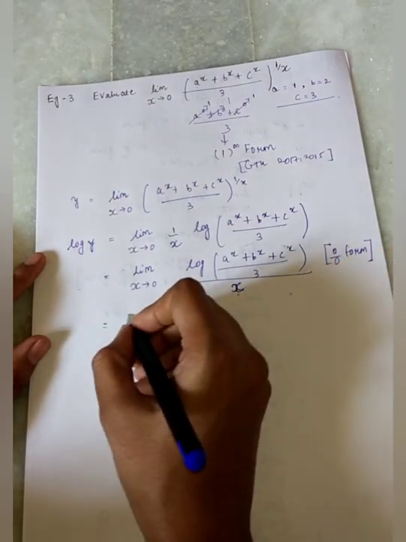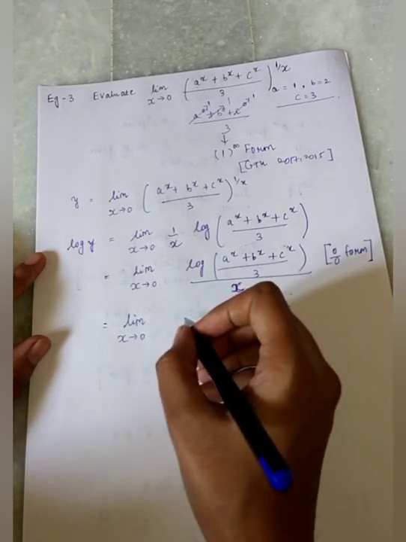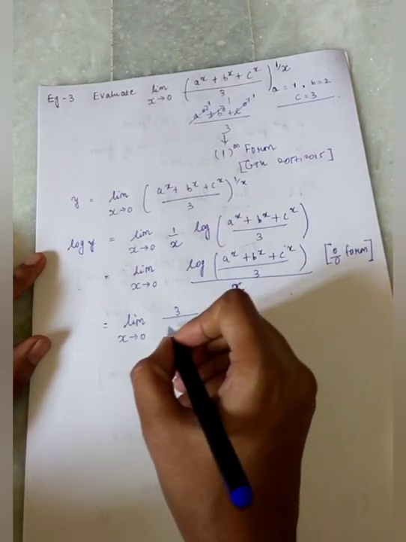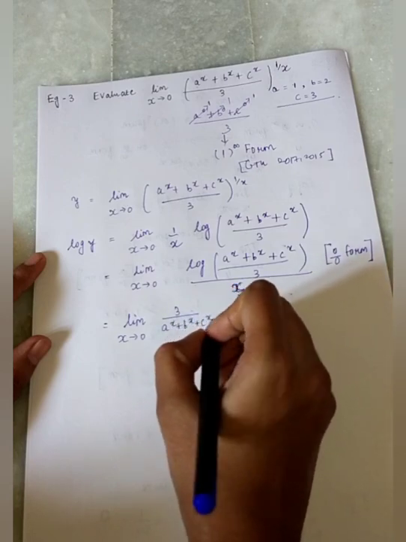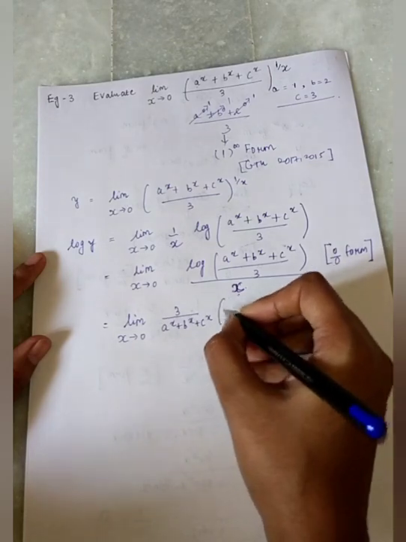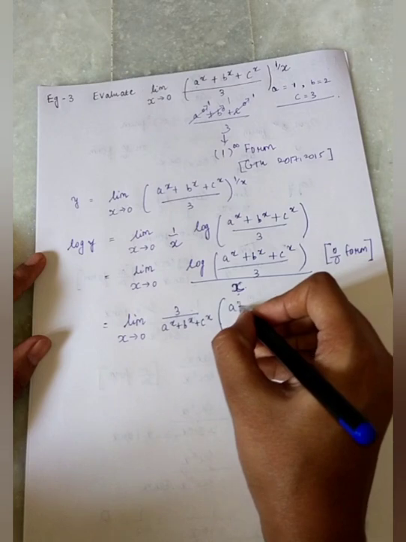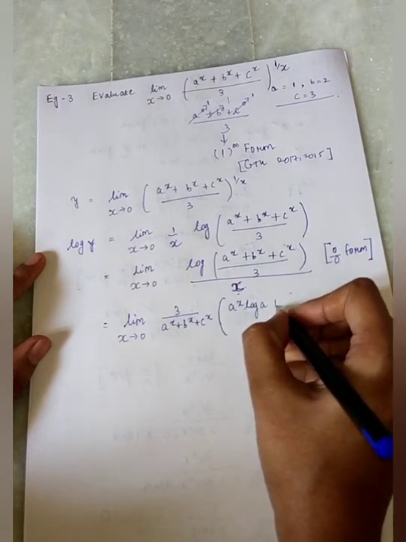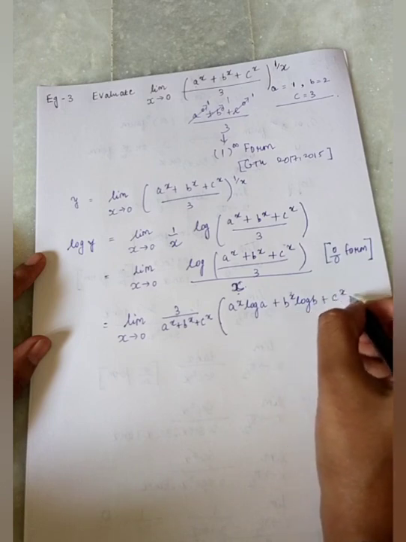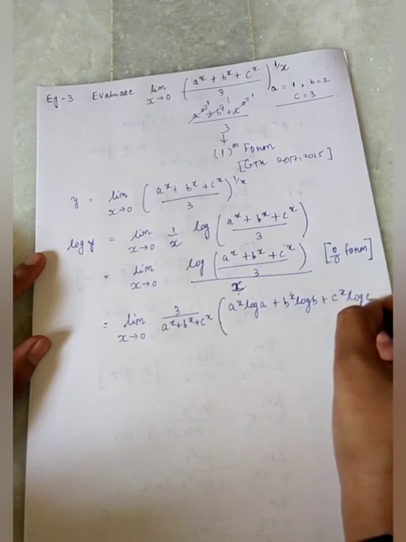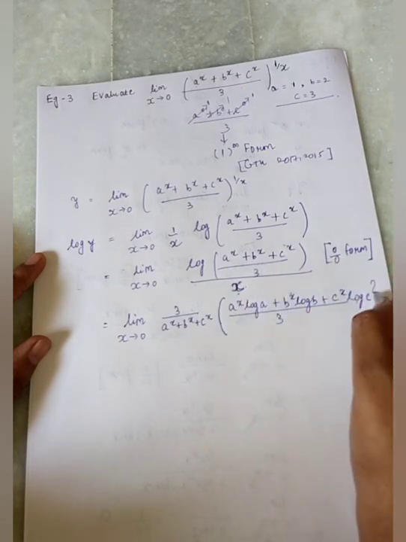So differentiating, we get limit x tends to 0, 3 upon a raised to x plus b raised to x plus c raised to x, and differentiating this, a raised to x, we get a raised to x log a plus b raised to x log b plus c raised to x log c upon this 3.